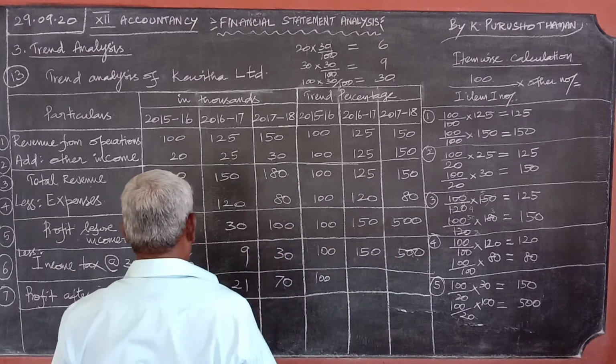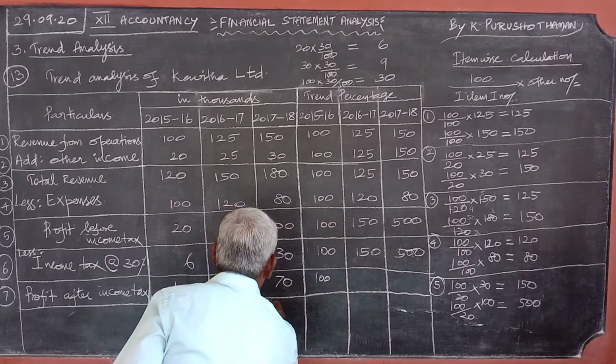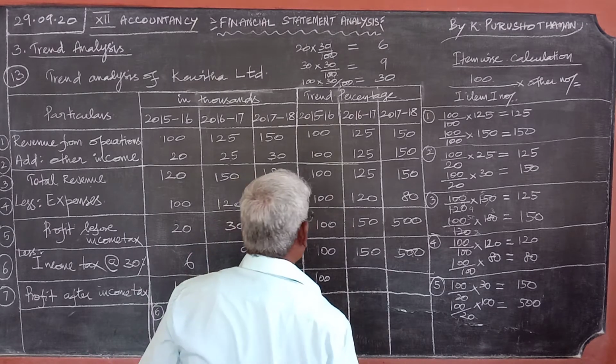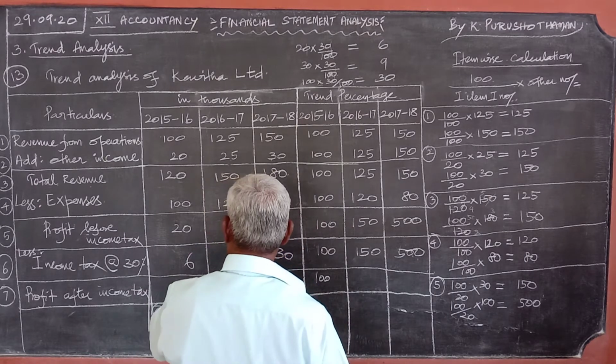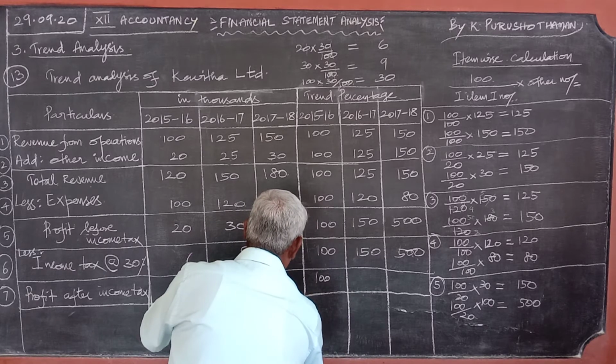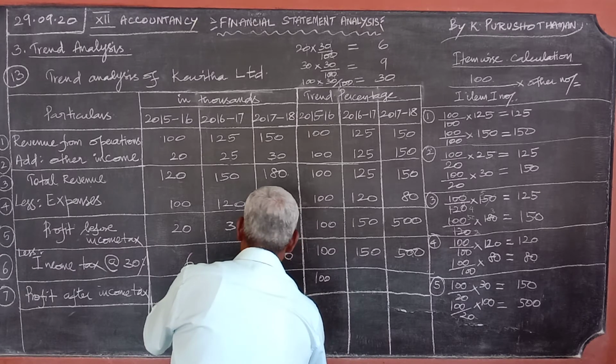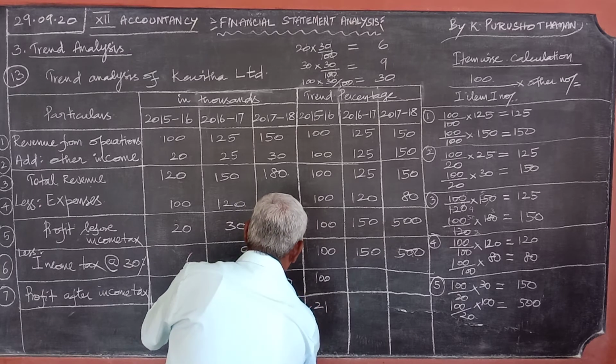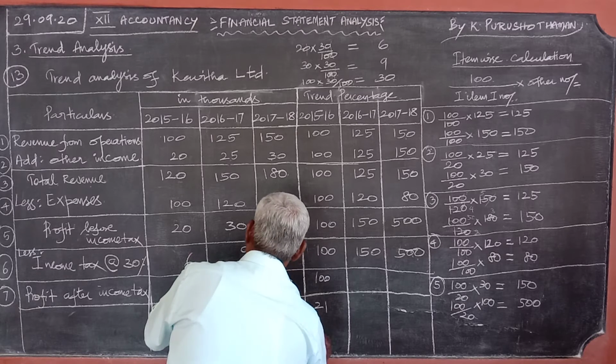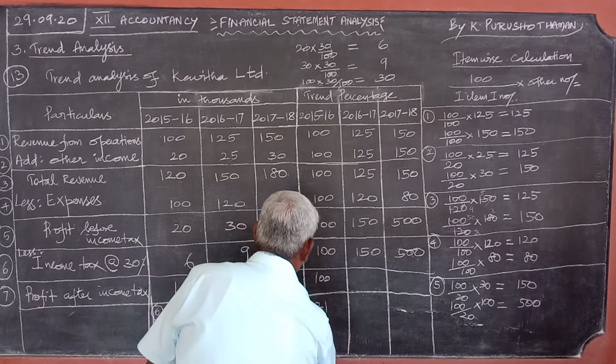Then profit after income tax, the 7th item. 100 by first number 14 into 21. 100 by 14 into 70.